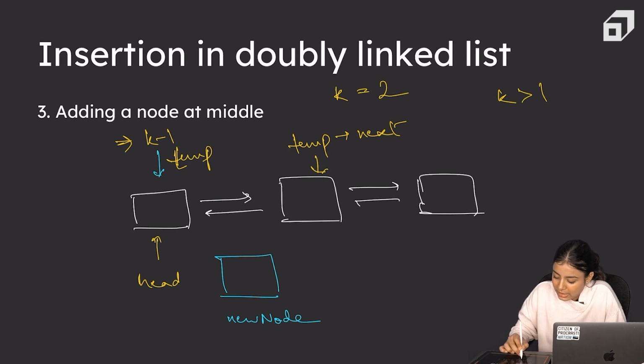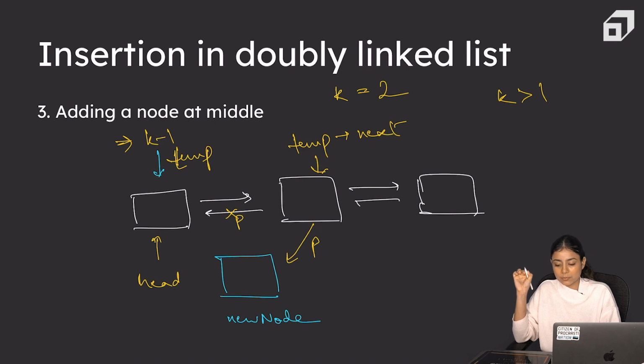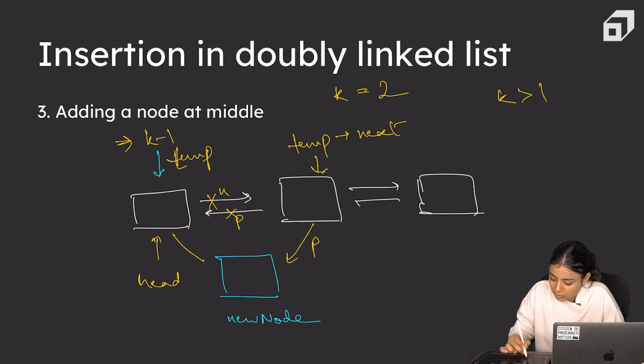So temp's next's previous is right now pointing to temp. We'll remove this and make the temp next's previous point to my new node, and we'll make our temp's next point to my new node, and then we'll change the links for the new node as well.